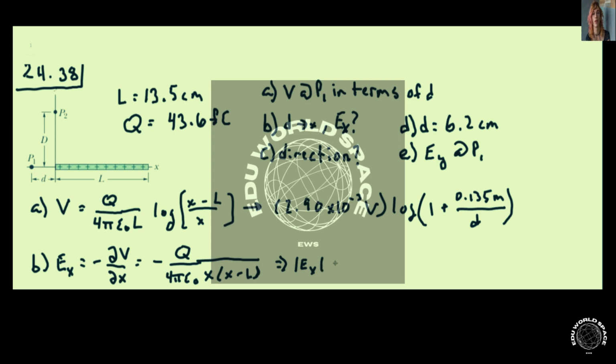The magnitude of the x component is 3.92 times 10 to the negative fourth Newton meters squared, divided by x times x plus 0.135 meters.